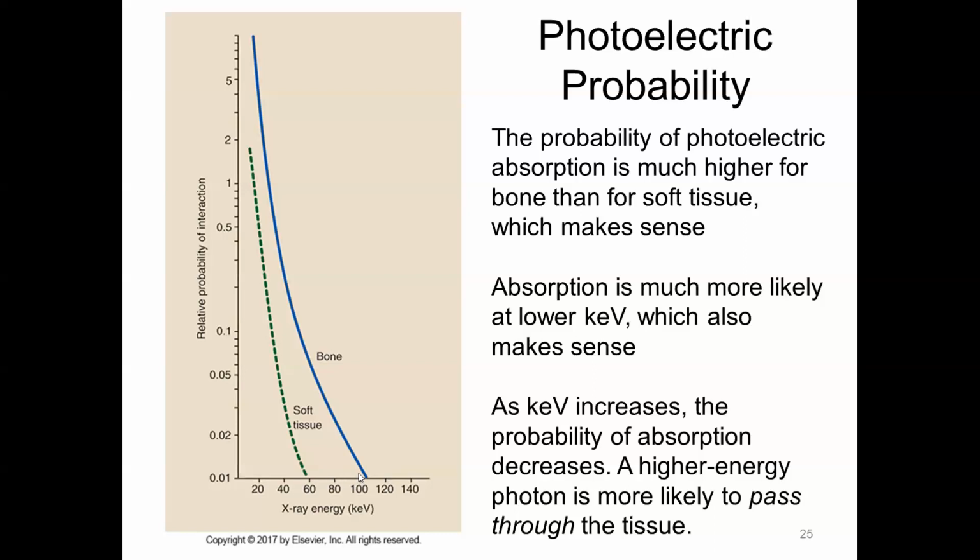Bone is still going to be really good at absorbing X-rays, even at these high energy levels. And that tracks with what we see on our pictures every day. Bone shows up very bright on your image because X-rays get attenuated very well in bone. They get absorbed very well.